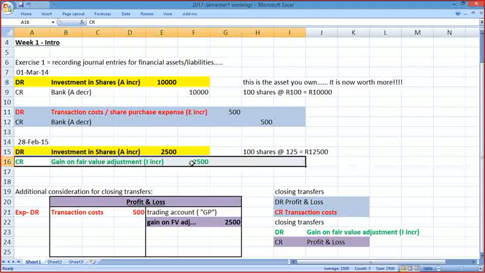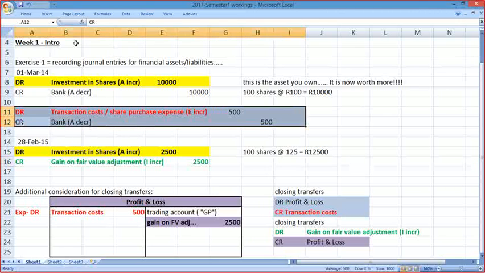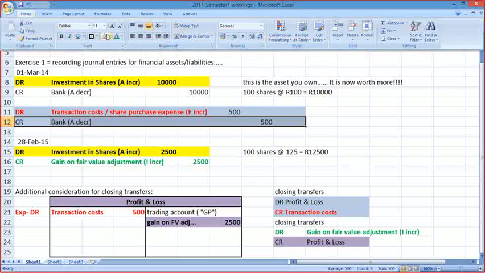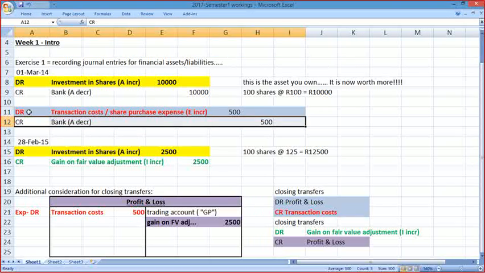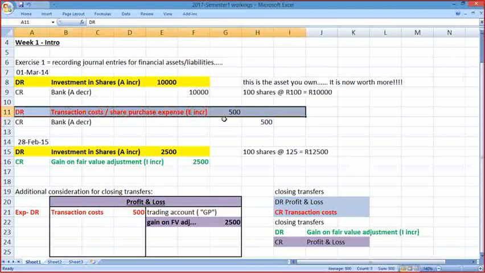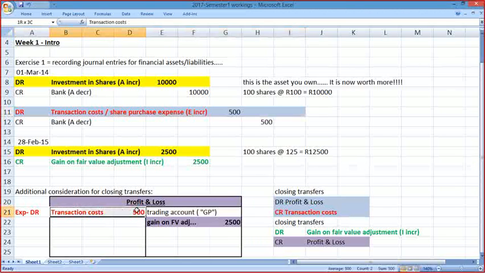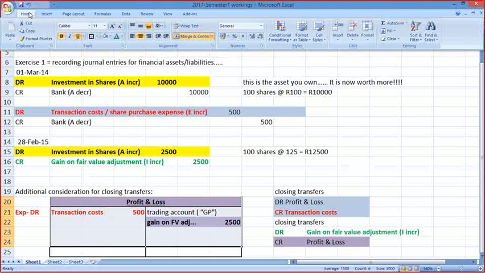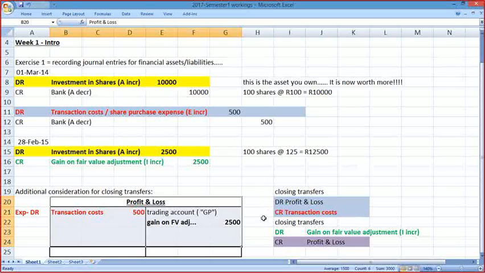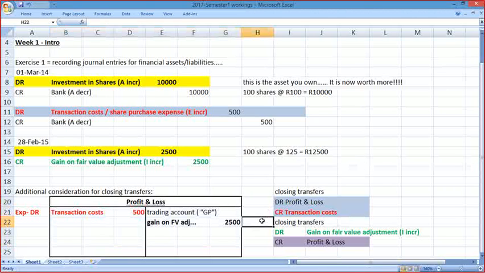I've closed the credit, and this account, which is the transaction costs, I've closed that there. Okay, so do you see how we've closed those accounts off? You're debiting, crediting. Right, but again, those are the debits and the credits. If you wanted to keep it simple, just remember gain on fair value adjustment is an income, and income will be credited, even in the profit and loss accounts.